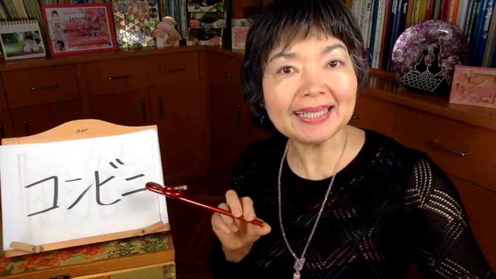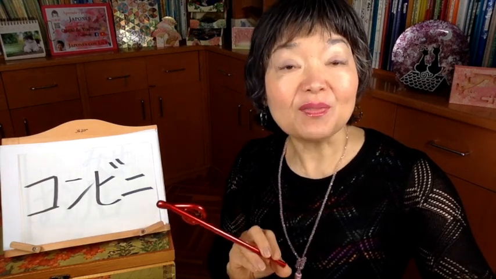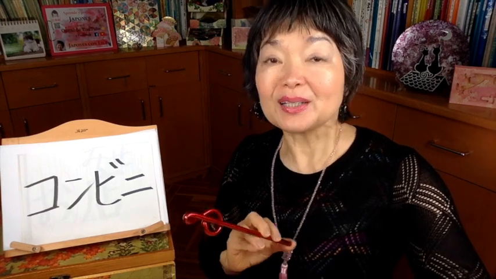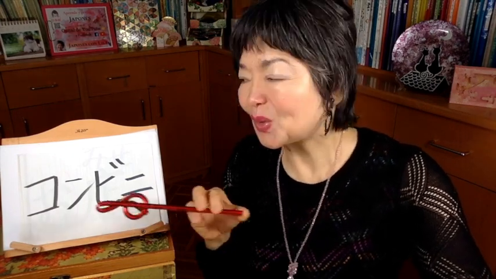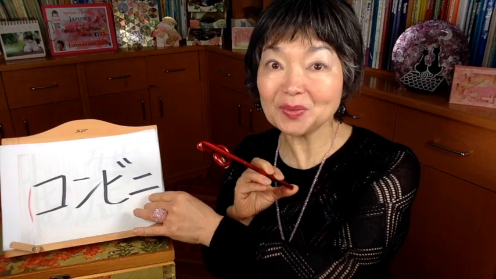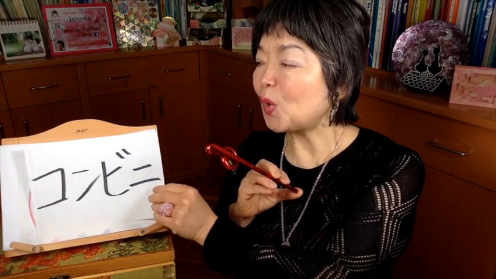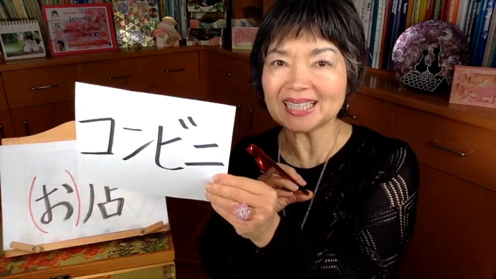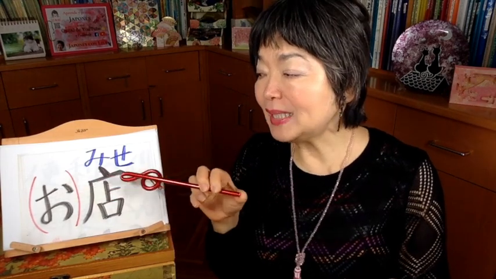コンビニ. This is a convenience store and it's open 24 hours and it's so helpful. You can buy anything. There are lots of コンビニ in Japan. お店 or 店 is the shop or store.